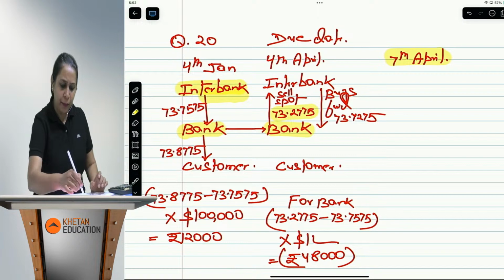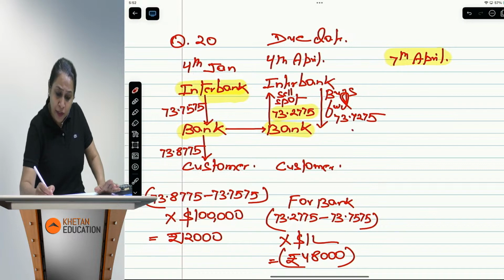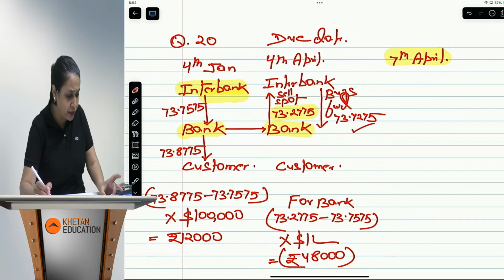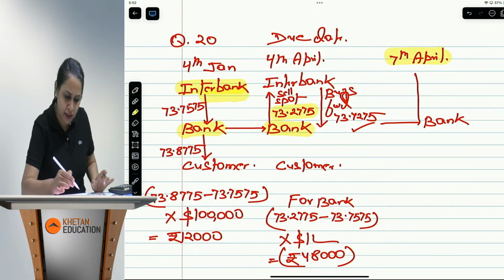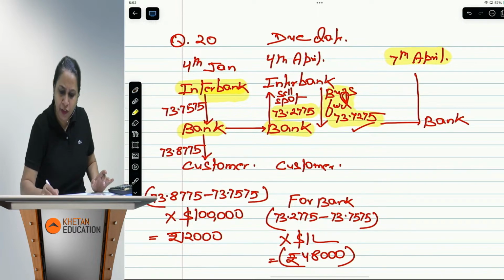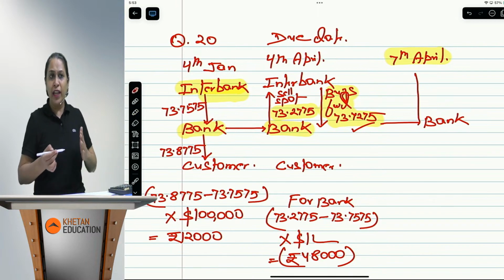On 7th of April, the customer still did not come. So this will also be sold, guys. You know what is the rate on that date? The customer did not come. What should I do now? I will go to the market and sell off this particular thing. What will I do with the currency? The customer is neither coming, and it is the last date till which the bank can wait.